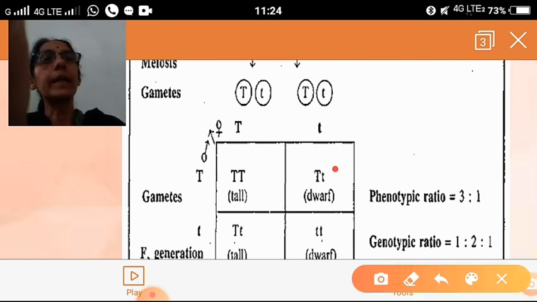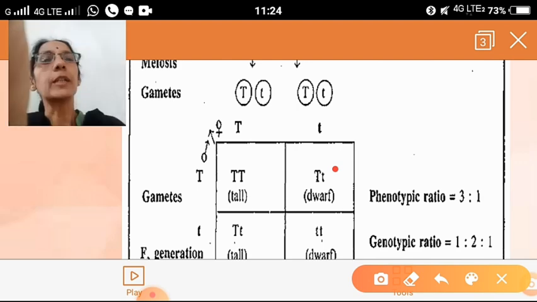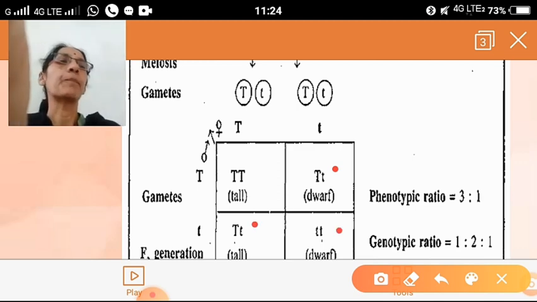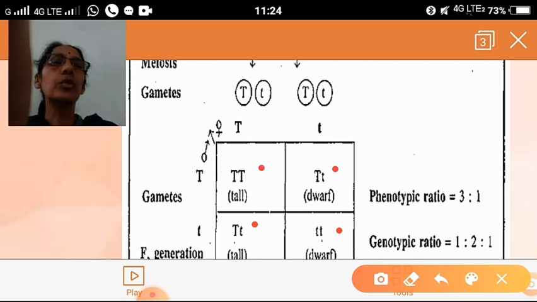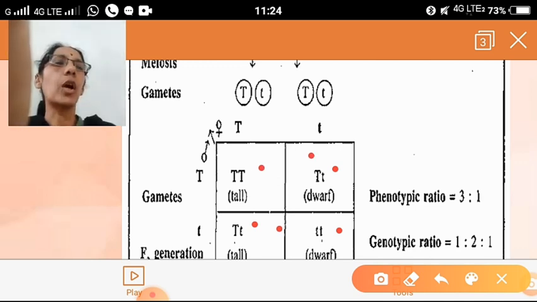Third one, capital T with small t. So always you have to write the dominant form first, followed by the recessive form, then small t, small t. Now if you count how many are tall, 1, 2 and 3 are tall and only one is dwarf. So the phenotypic ratio is 3:1.